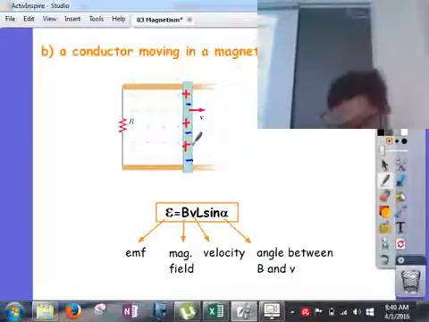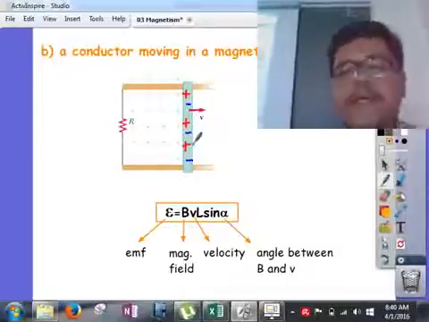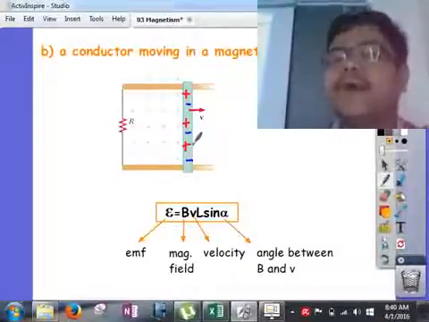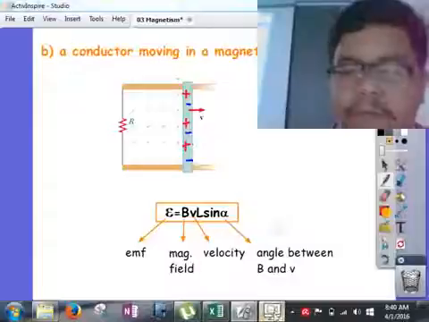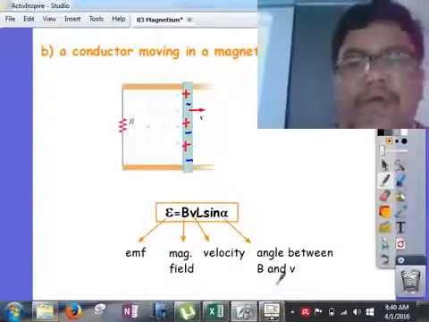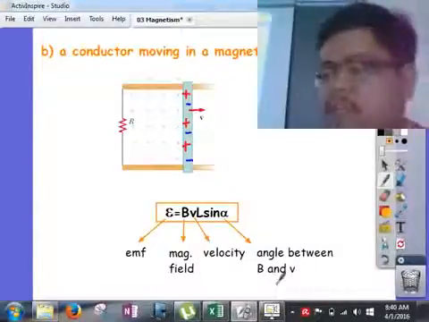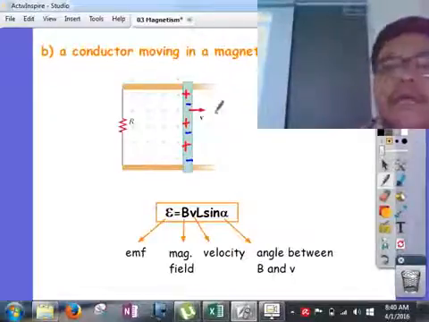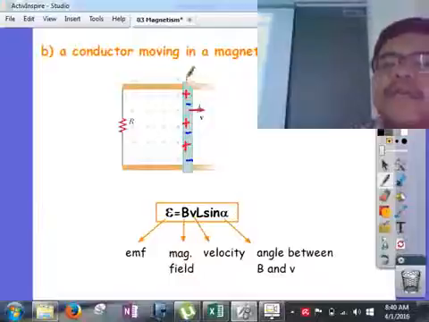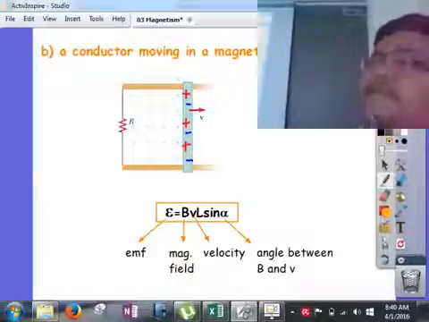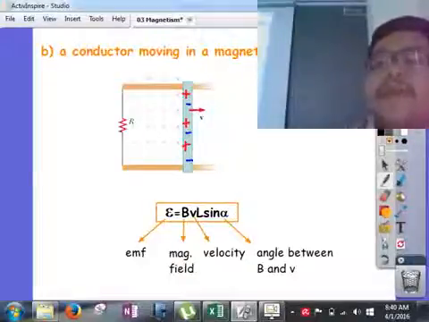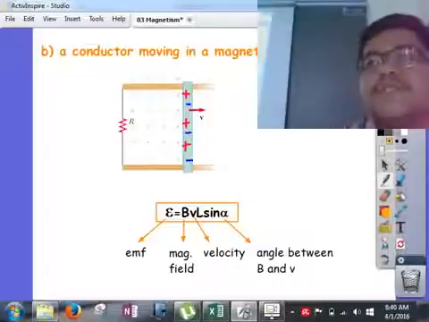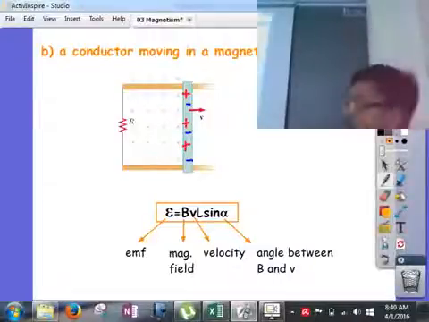So the positive charge and negative charge have the same number. If the conductor is moving to the right, that means we can say that these charges are also moving with V to the right.